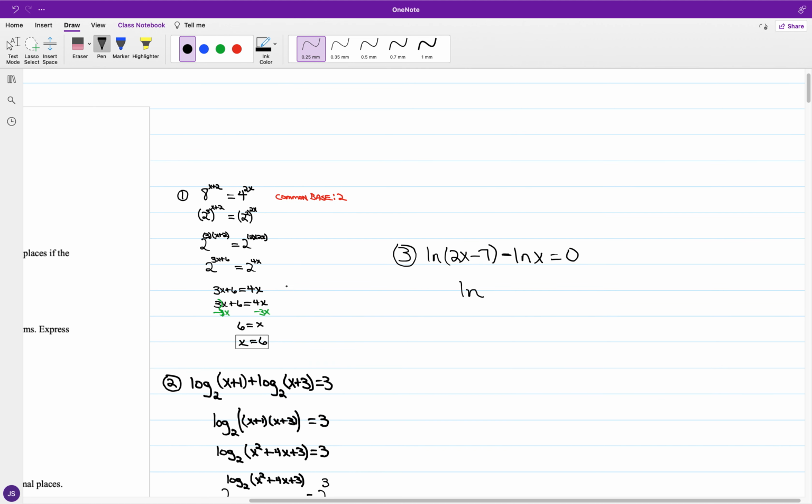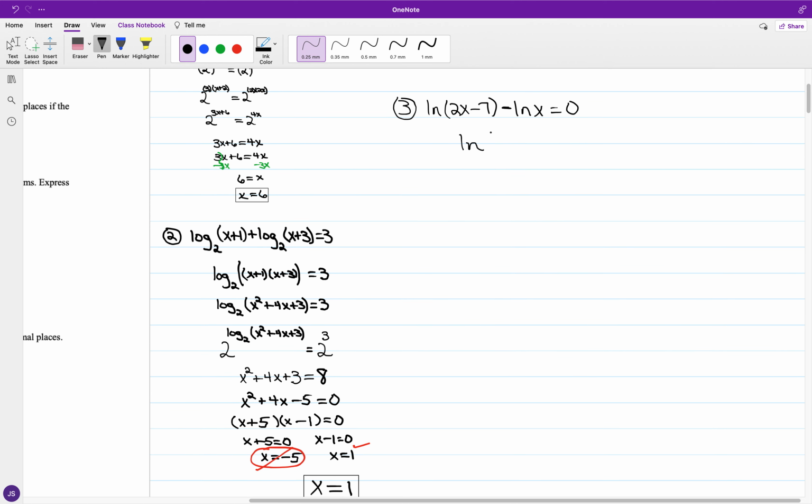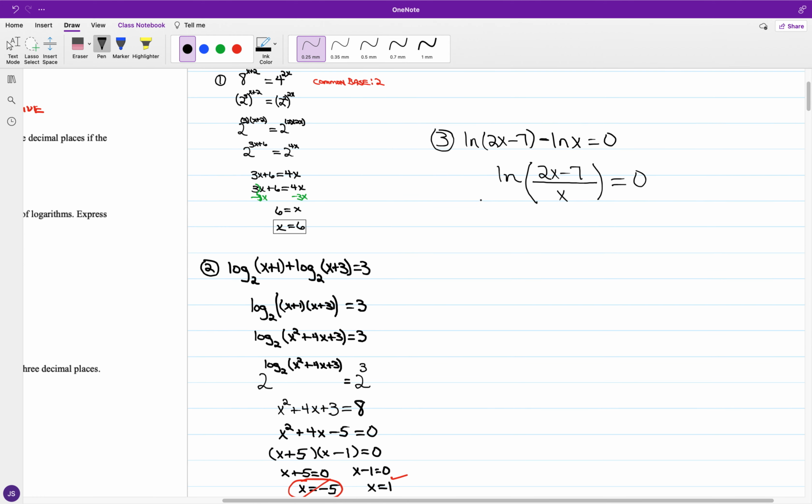Before, I had addition to imply multiplication, and now with the difference of logarithms, we have subtraction to imply division. The 2x minus 7 comes from a positive natural logarithmic term, so this will go to the top, whereas x is attached to a negative natural logarithmic term, so x is going to go on the bottom. And just mentioning, a natural logarithm is a base e logarithm.